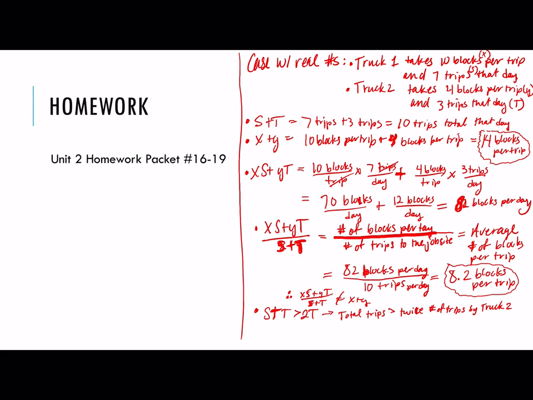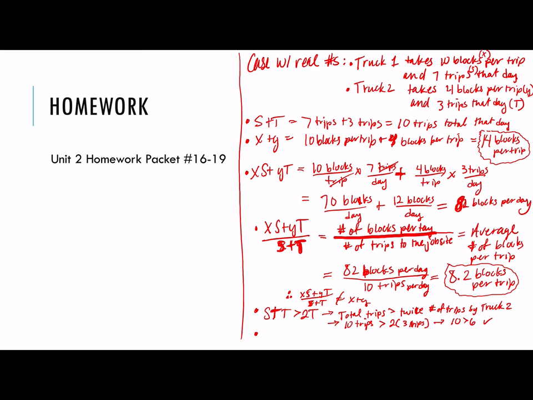Okay, which is true in the numbers I chose. 10 trips is greater than twice the 3 trips truck 2 makes. Therefore, we have 10 is greater than 6, which checks out.